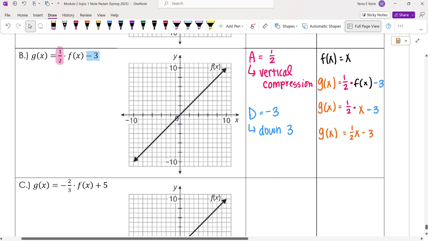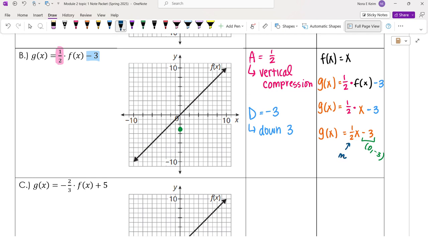So let's go ahead and break this down. What if I didn't have the ordered pairs like I did from the tables? Well, we're given the general form. This negative 3 is our intercept at 0, negative 3. This 1/2 is our slope.